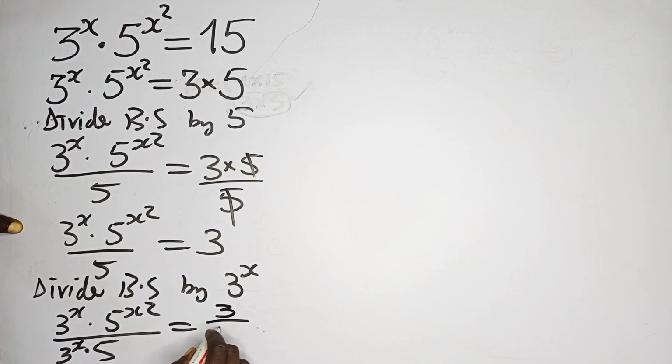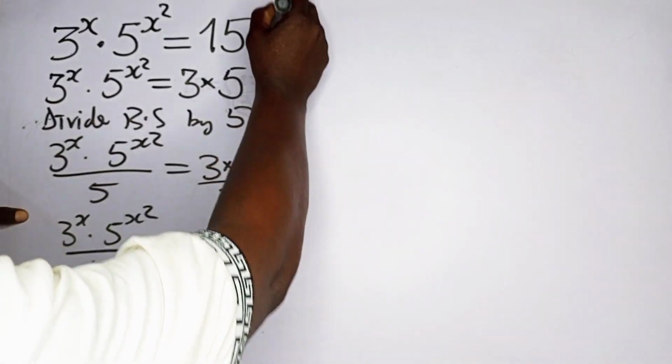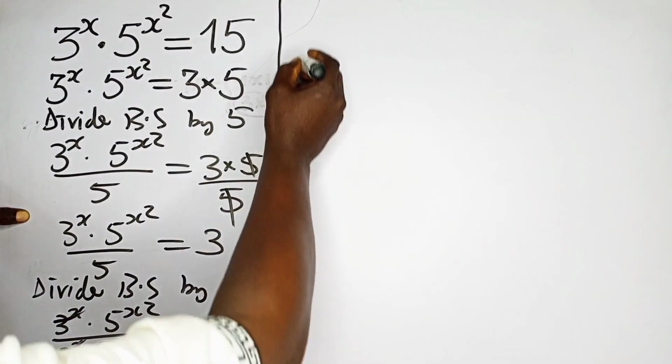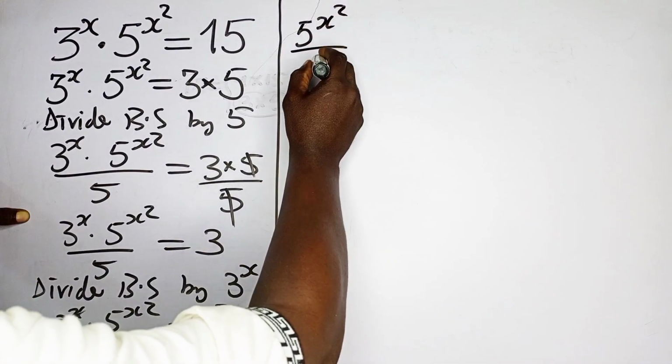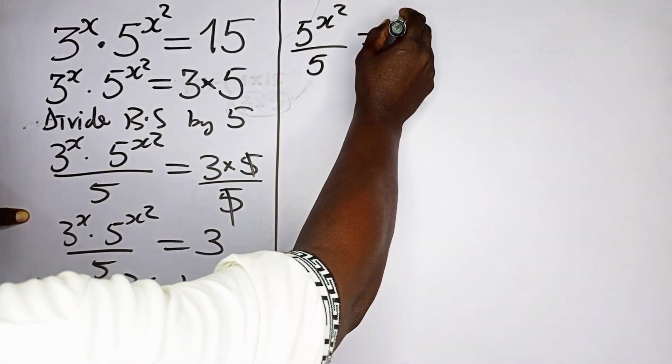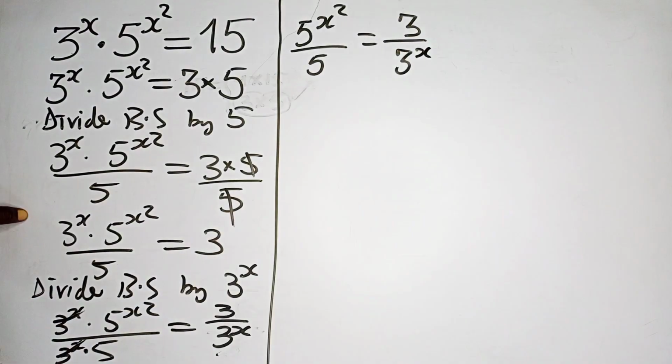The 3 to the x cancels the 3 to the x on the left, and so we have 5 to the x squared all over 5 is equal to 3 all over 3 to the x.